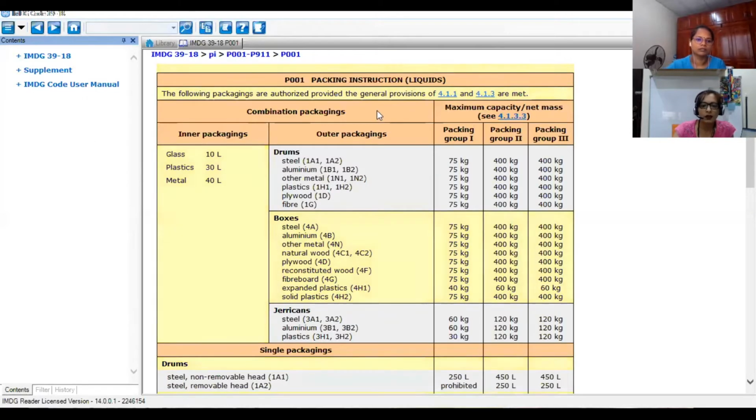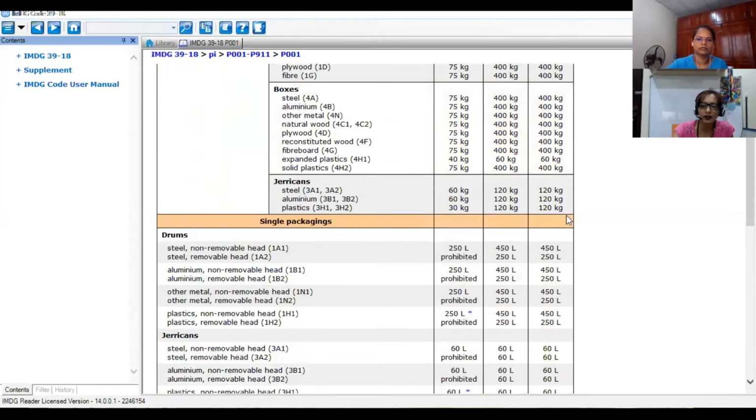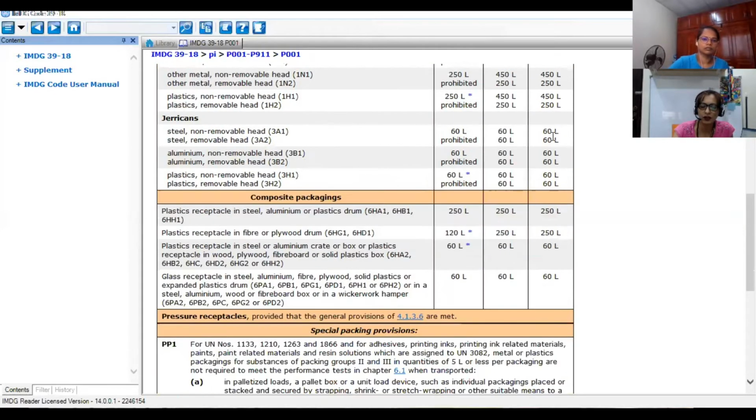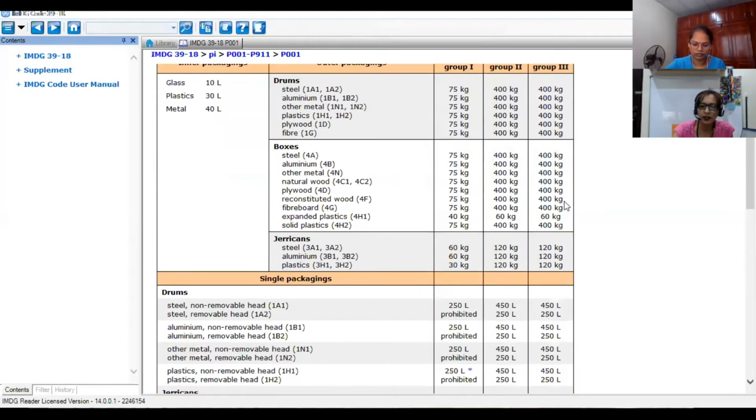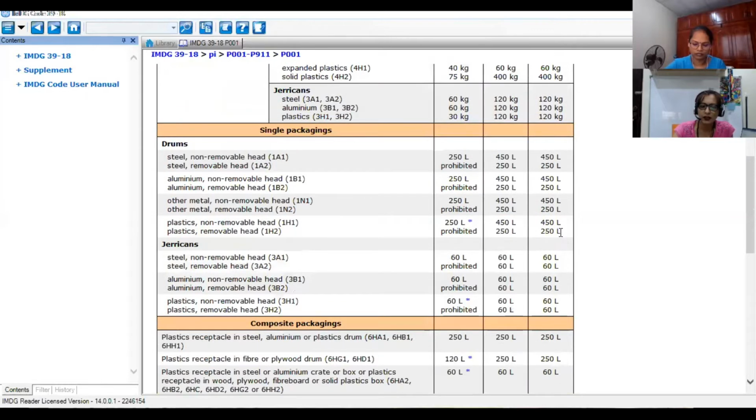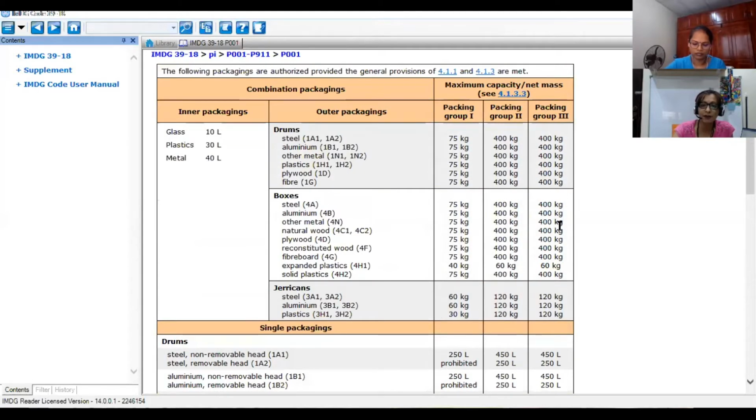This one is specifically for liquids, although they indicate the kilograms you see in the corner here, because you might say, okay, liquids, but why are they indicating kilograms here? These are for very dense substances. Maybe they're not concerned about the liter, that means the capacity in terms of liter.